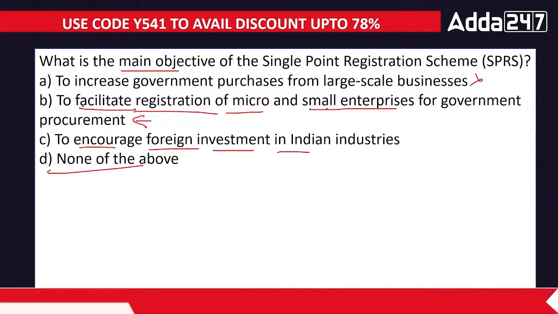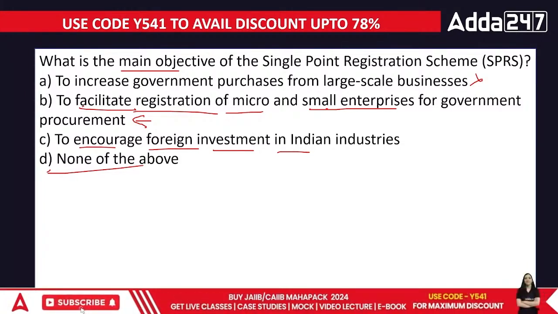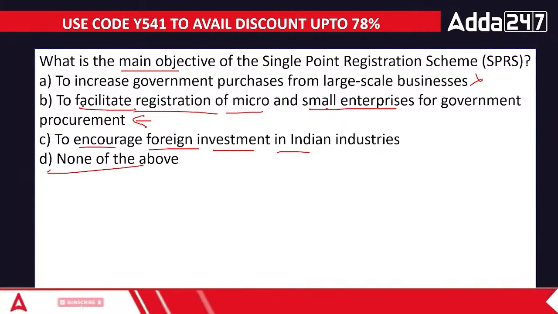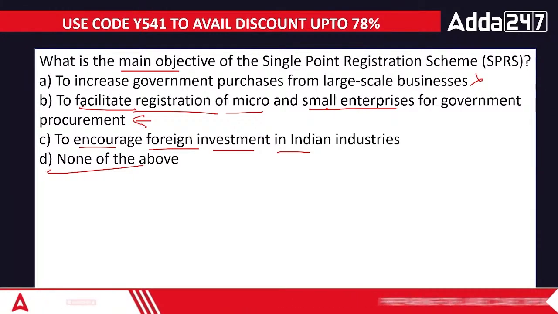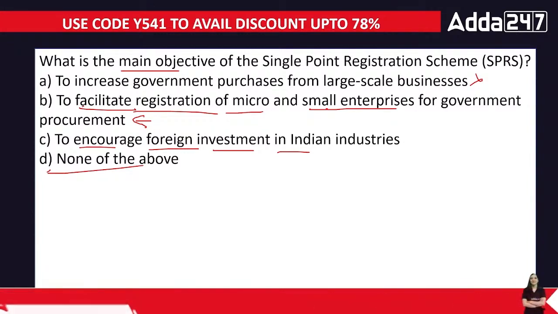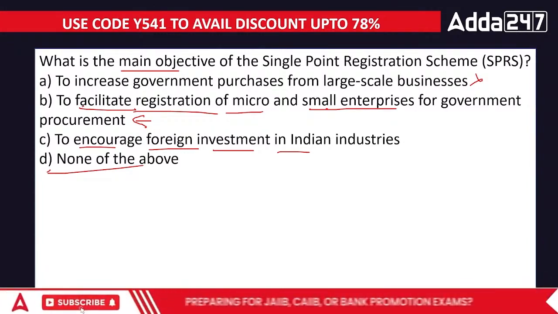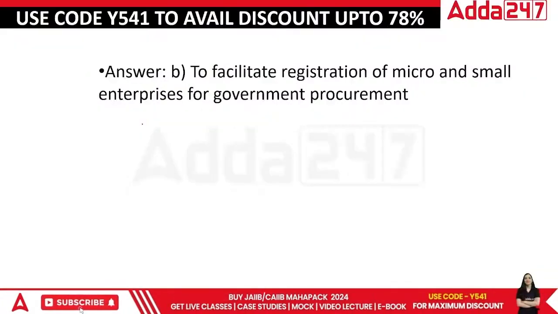If you are registering under multiple schemes, then it will take a lot of time, and the recognition and everything else will take a lot of time again too, because registrations are definitely not easy, right? So the answer in this case would be B.